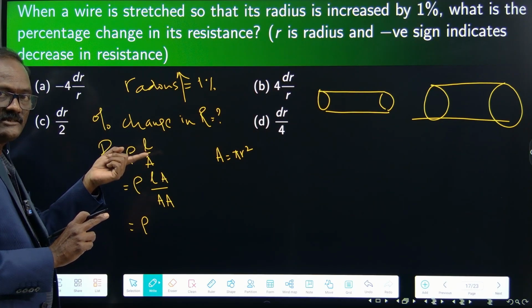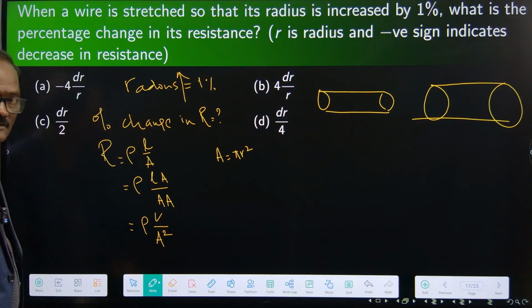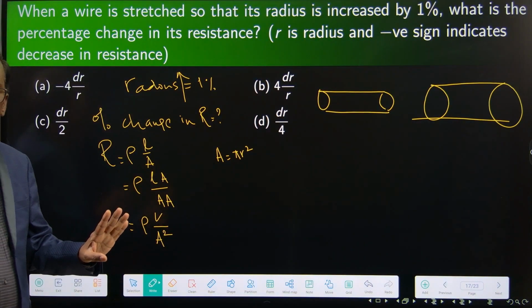That is why I am writing L into A. Now this is V, this is A square. Rho and V are now constant.